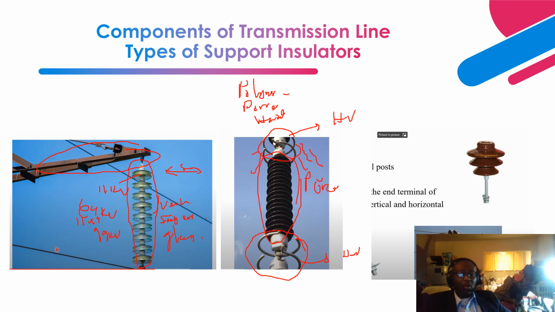Over here you have air that is acting as an insulating medium around this solid porcelain. Because the voltage is so high, there's something they call electric field stress, which is based on the voltage over the distance, over the distance right here where the conductor is connected.